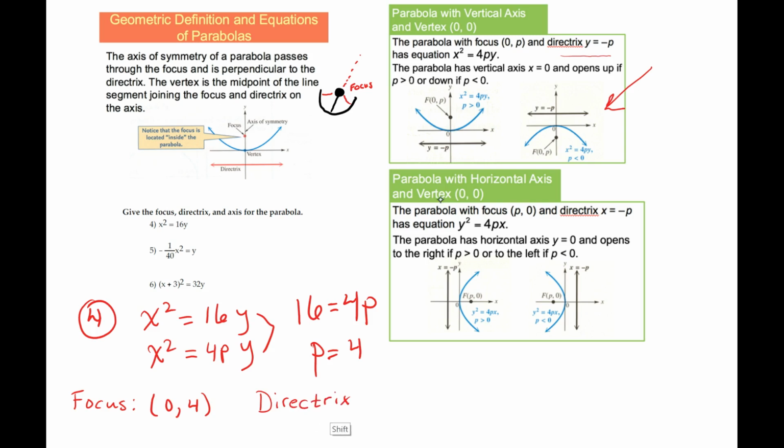So the directrix is going to be y equals negative 4. Now remember, because they're equidistant from the vertex, that is why they're equal but opposite. And let's talk about the symmetry. What kind of symmetry does it have? It has y-axis symmetry.